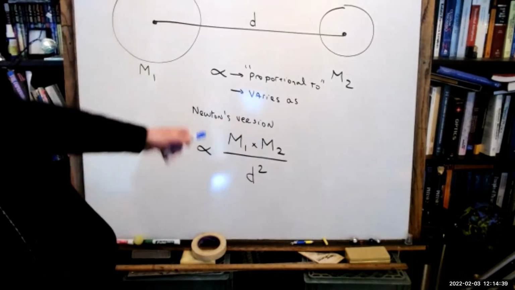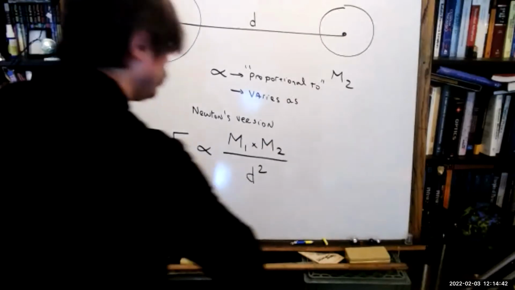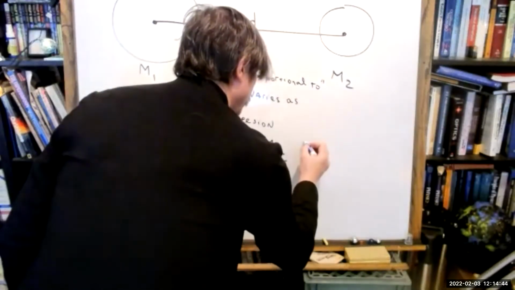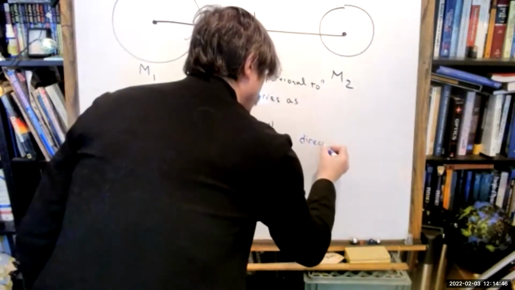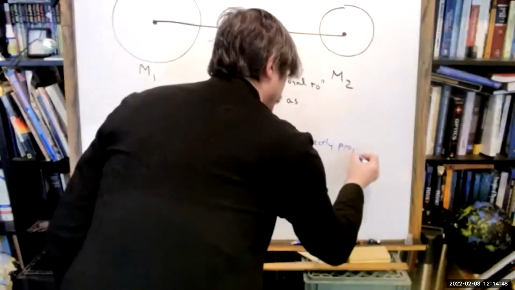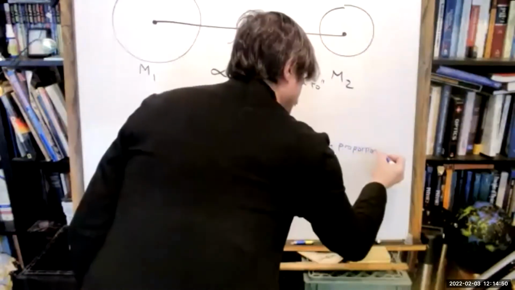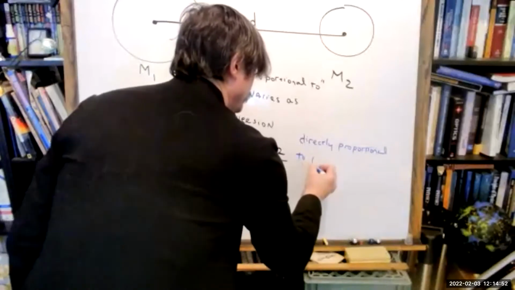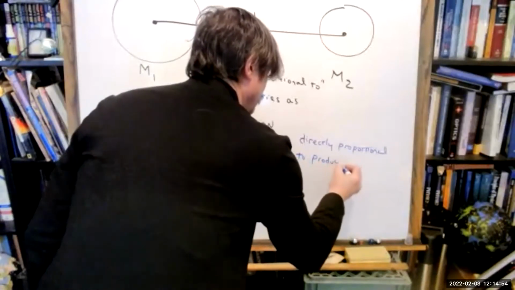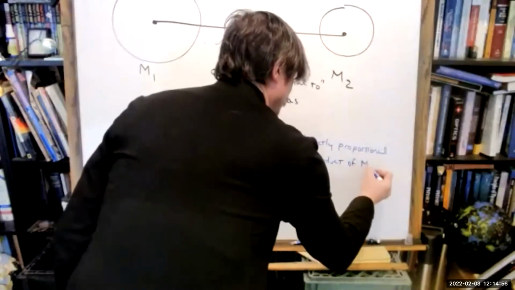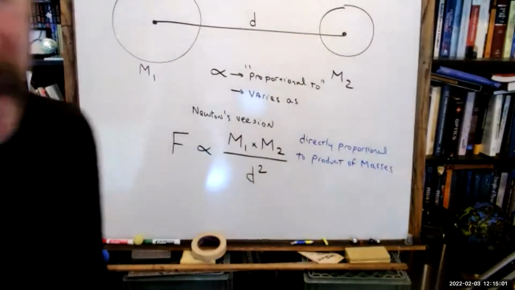When quantities are on the top of a fraction bar, we say they are directly proportional to the product of the masses. In other words, m1 times m2 are on the top of the fraction.